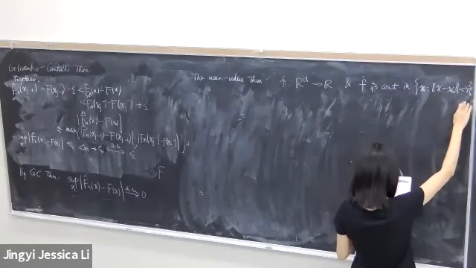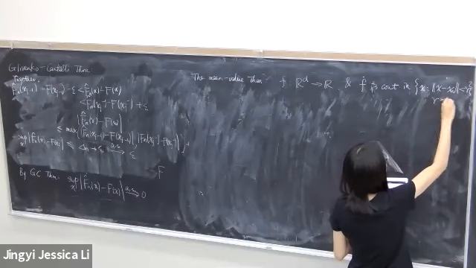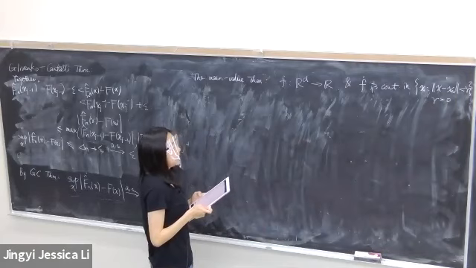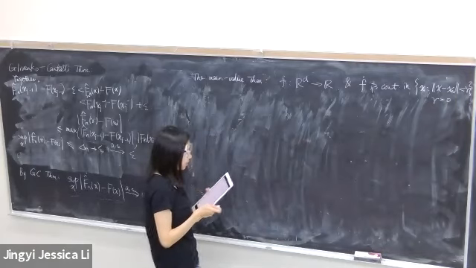It's continuous in the sphere, and r is positive. So we need this continuity in the neighborhood of x0.